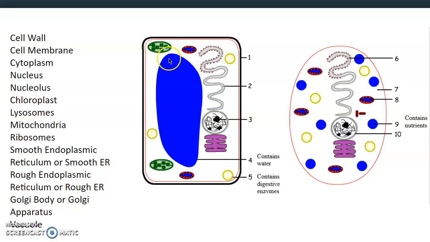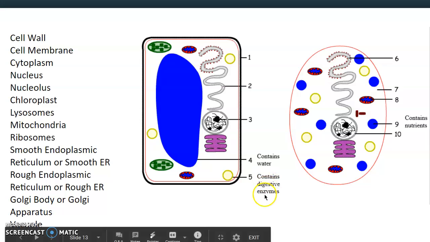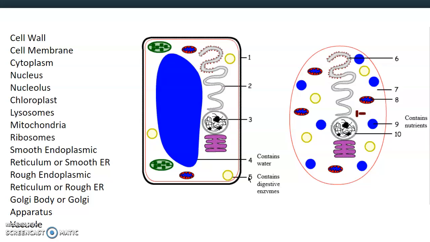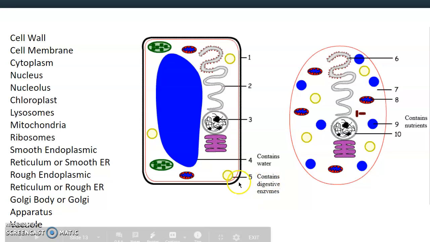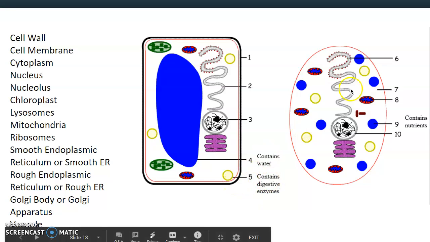We said this big thing was our vacuole, our central vacuole, which is labeled in plants sometimes. And then this little thing, since it says contains digestive enzymes, digestive is another word for like when we eat, and we've learned about enzymes before. So these are our lysosomes. Our trash collectors have digestive enzymes to help break those down.